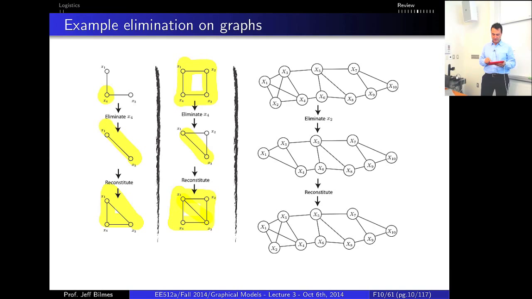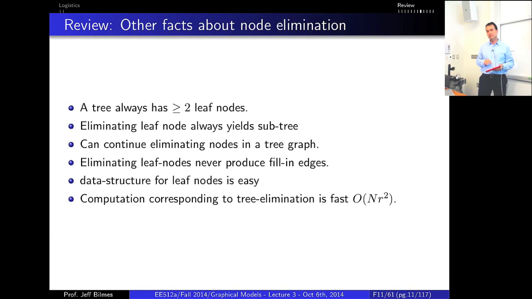In fact, that's going to turn out to be true. And that must be a chordal graph. We will see that, yes, that corresponds to a condition on chordality. That's exactly right.